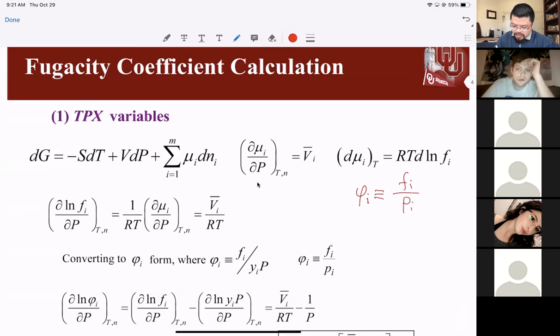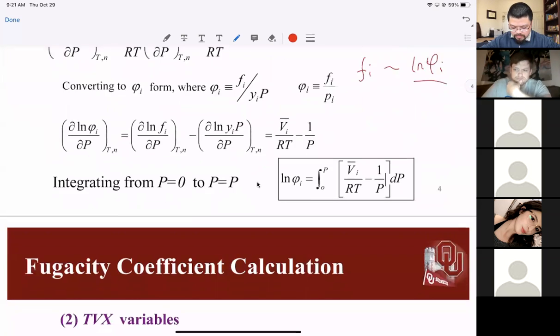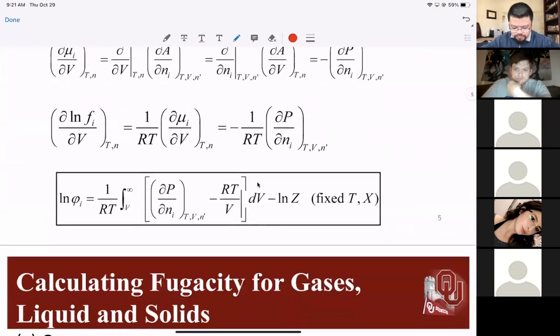The calculation of fugacity is more or less the same as the fugacity coefficient calculation.